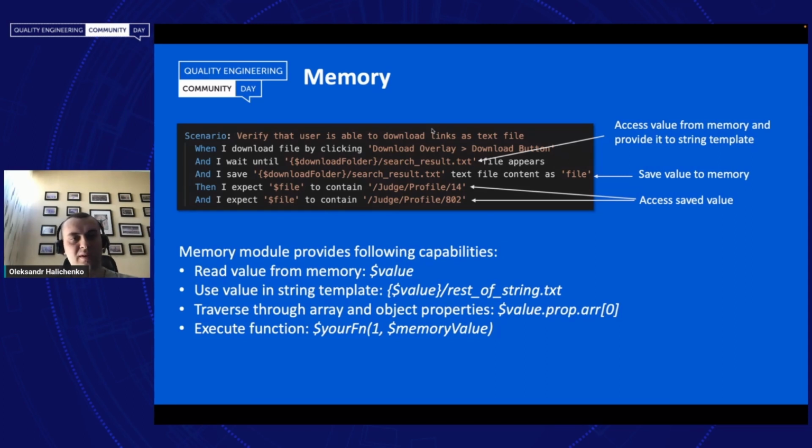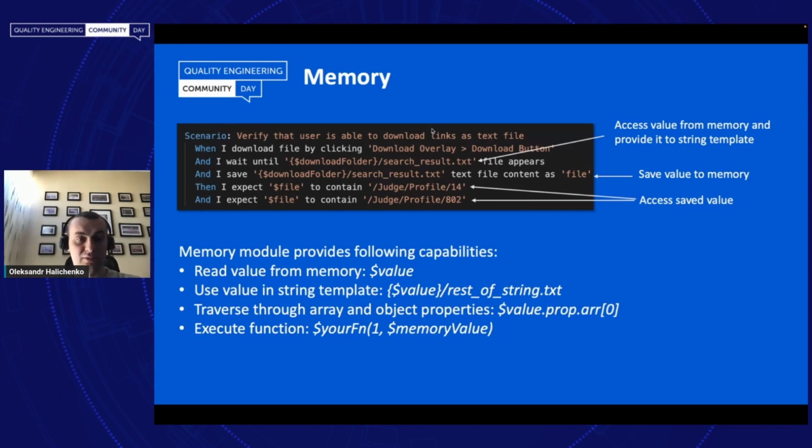For example, as you can see in line 3, I save text file content as a file, and then I can work with this file, store it in a memory value, for example, to perform some validation, like to contain some substrings and so on.